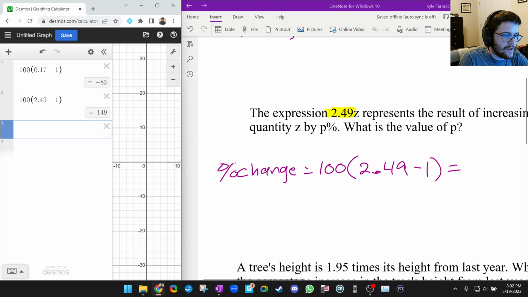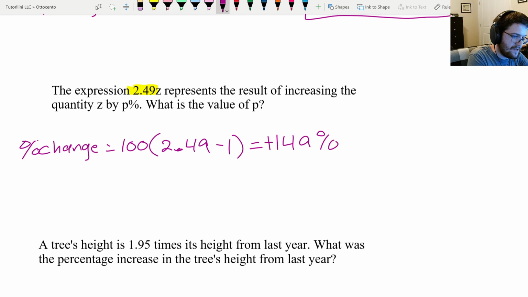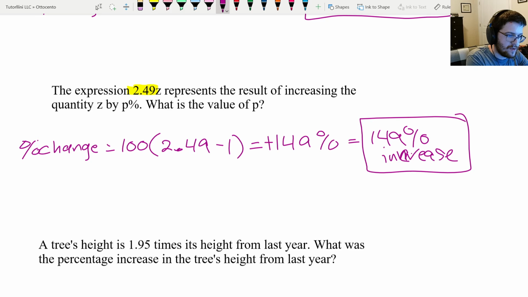We get 149%. And it is positive. So we're going to call that a 149% increase, which makes sense based on how the problem is phrased. So we would just put 149 if it were a student-produced response as our answer.